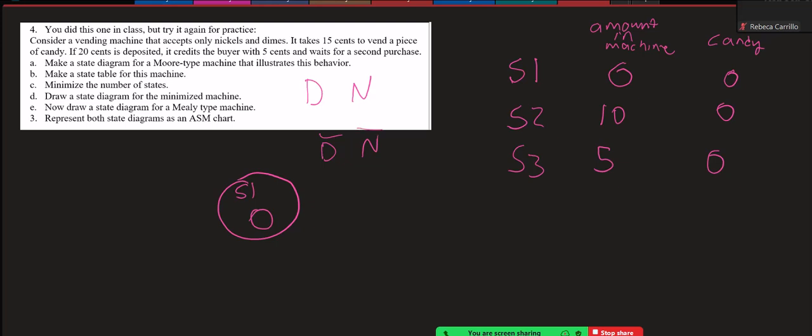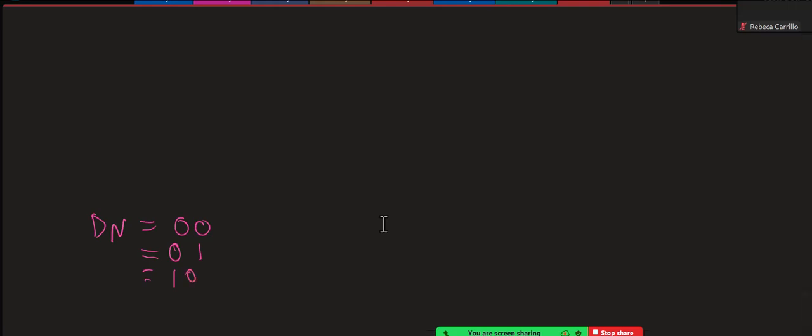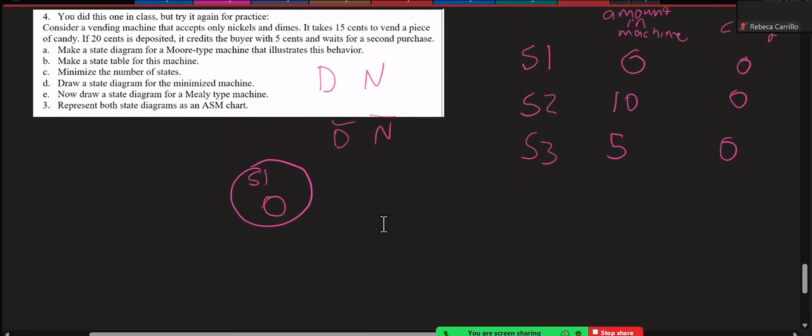Now notice the variable DN can equal 00, 01, or 10, but it could never equal 11 because you can only put in one coin at a time.